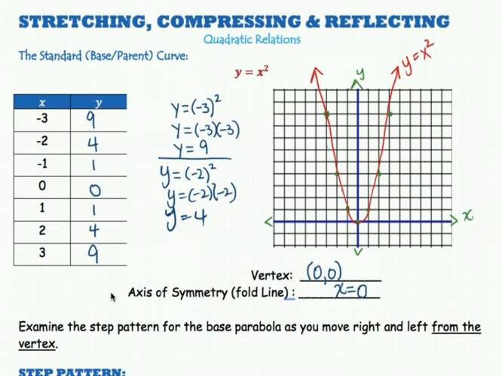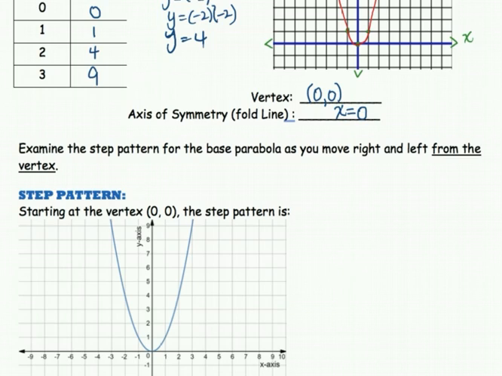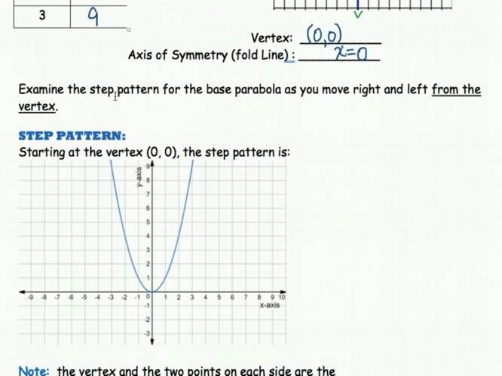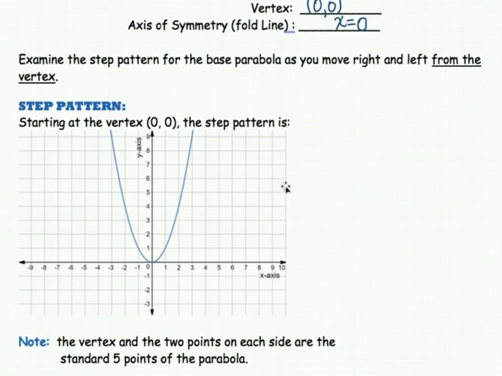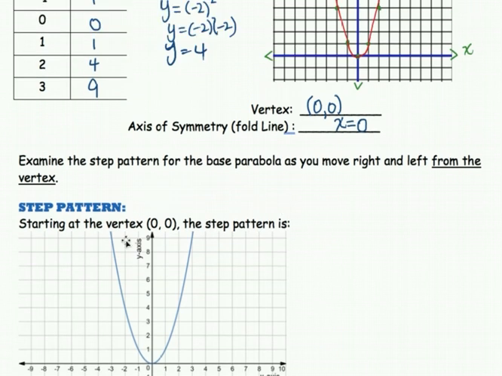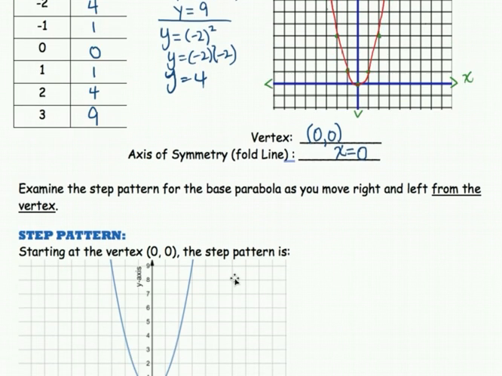So we're going to start analyzing something else called a step pattern. Just scroll down here. Here's the same graph as the one up there. I want to look at the step pattern on a nice graph, not a wobbly one like the one I drew up here.